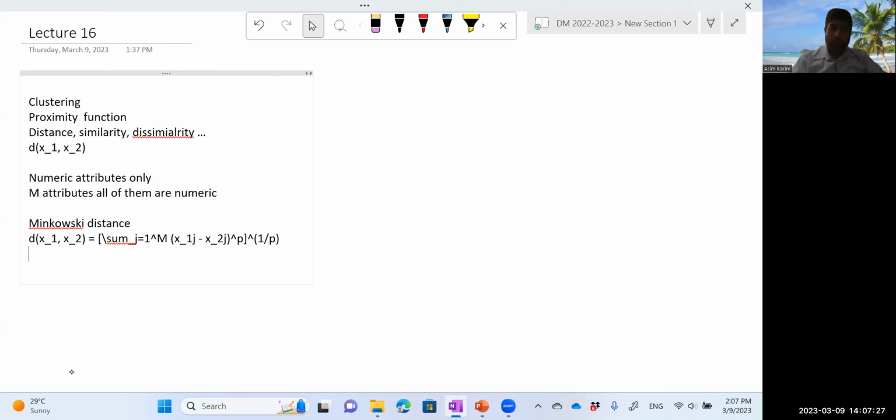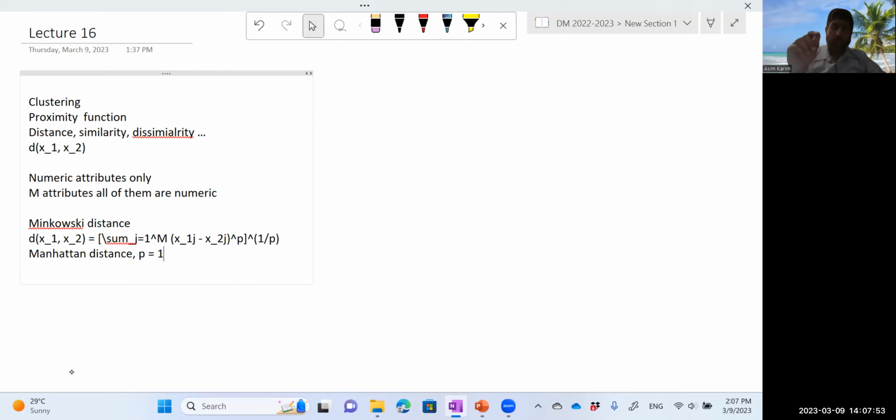There are two important specializations of this distance. One is called the Manhattan distance. Here p is equal to 1, meaning that in the formulation above, we take the absolute differences of elements at each position and sum them up.